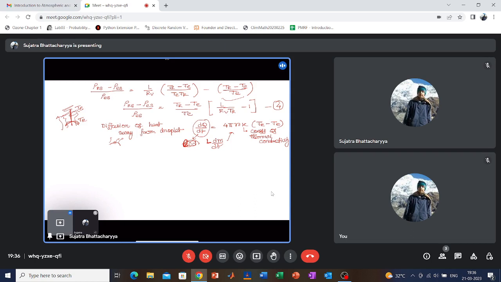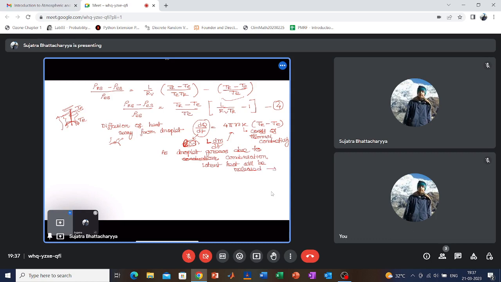So that is what I was saying, that as droplet grows due to condensation, not conduction, condensation, latent heat will be released, and that will be transferred. Okay.